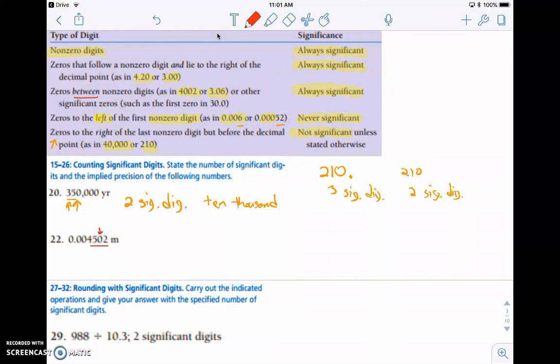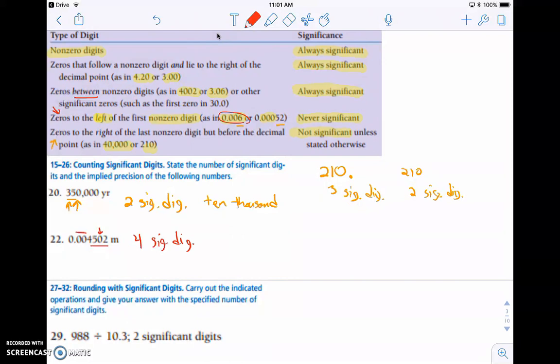But then the first couple of zeros right here, those are not significant because they are to the left of the non-zero digits between the decimal points. So we looked at these examples up here above. So this one is going to have 4 significant digits, 4, 5, 0, and 2.